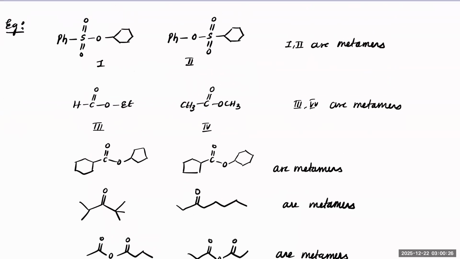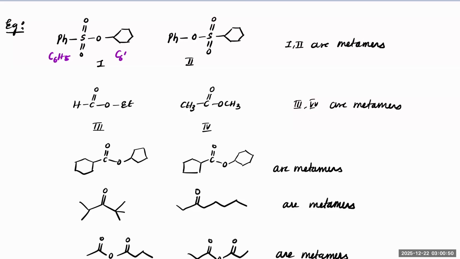Similarly, notice 1 and 2 here. In 1 and 2, left hand side I have a phenyl group, right hand side I have cyclohexyl group. See, even if the number of hydrogens are different, you can call it as metamers, everybody. Now, in this case, the hydrogens are different. Left hand side, I have C6H5.